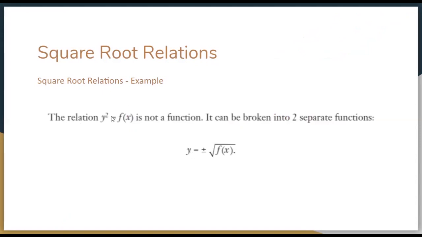So the y squared equals f of x relation won't actually be a function because we'll have two y variables for a given x variable, which will mean that it won't be a one-to-many function, so it won't pass the vertical line test.